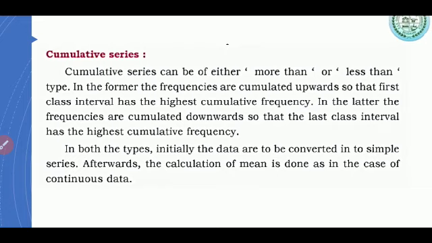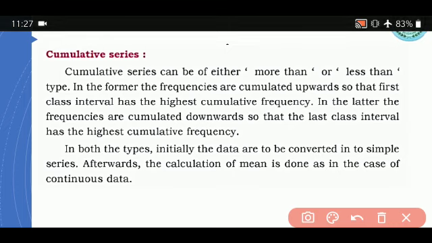Afterward, the calculation of mean is done as in the case of continuous data. Suppose the cumulative values are given to you, you first remove the cumulation to get the frequencies and then find the arithmetic mean. So this is only for knowledge purposes. Don't confuse yourself with the cumulative series.